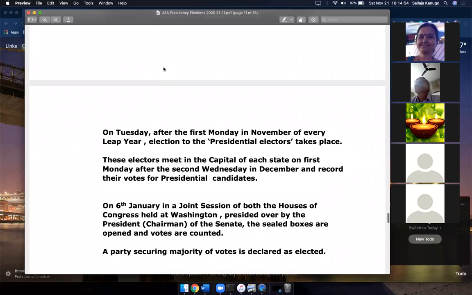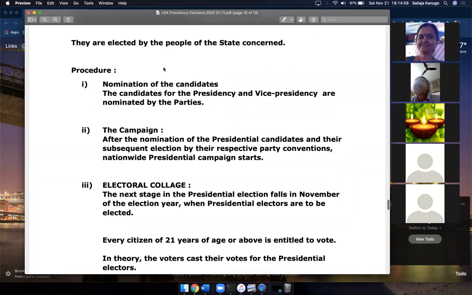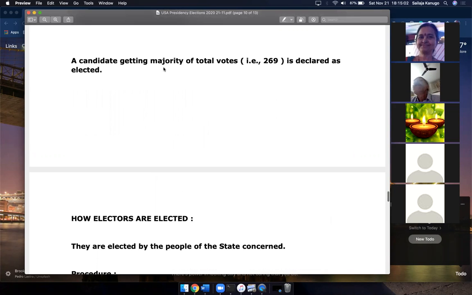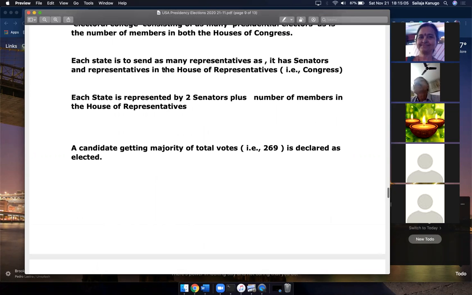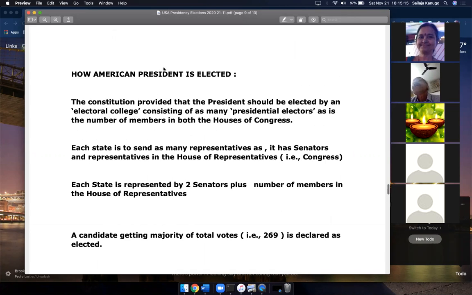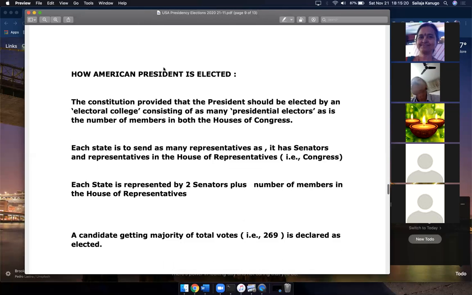So next, Senate. Senate is upper house. It has 100 members. And in USA, how many states are there? 50 states. From each state, 2 senators. So Senate is like our Rajya Sabha. And just like in India, Rajya Sabha members' term is 6 years. In the same way, in America also, senator term is 6 years.